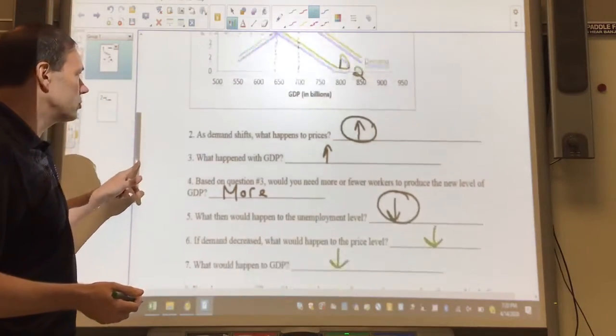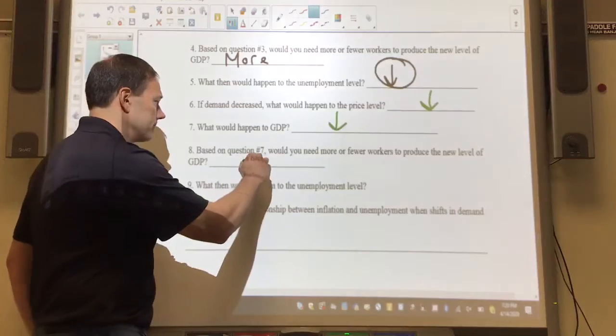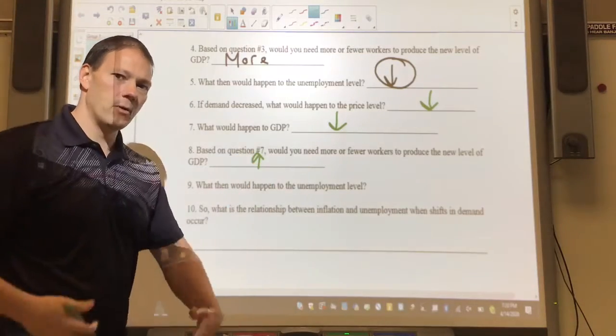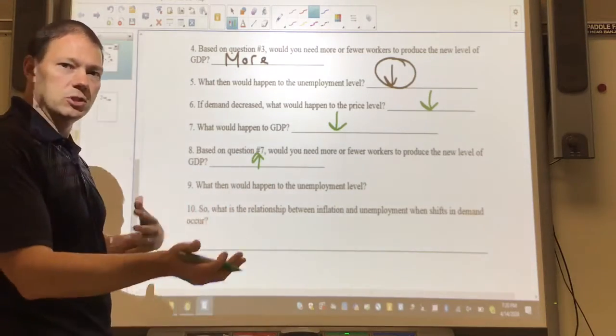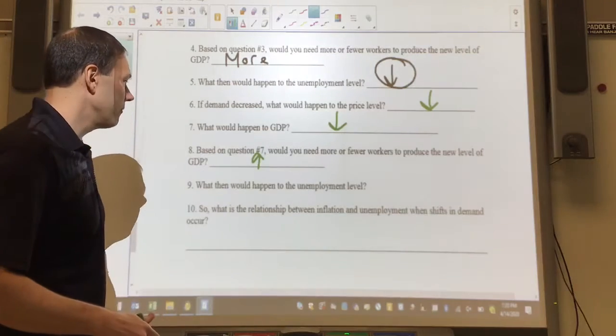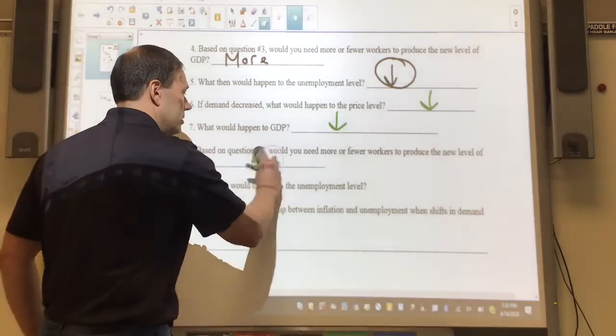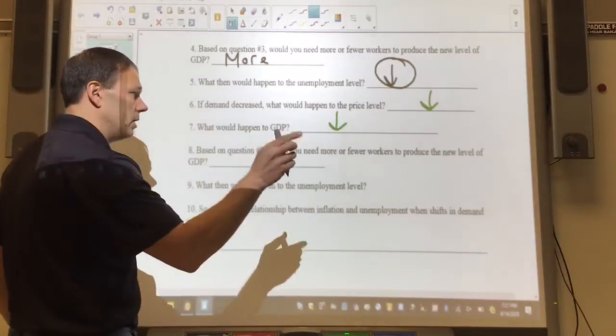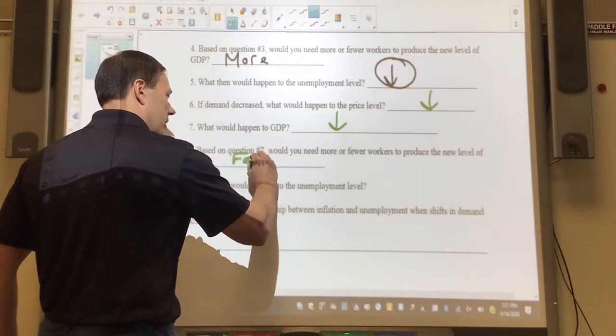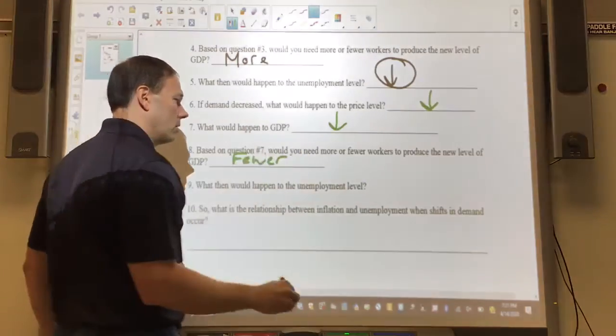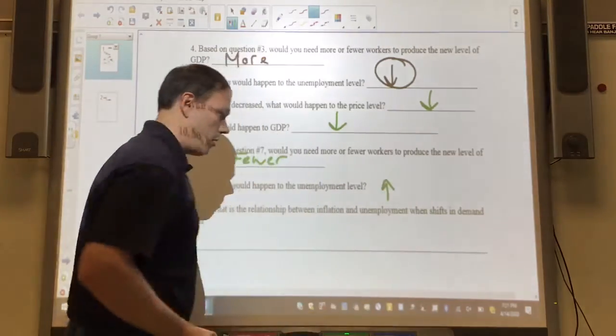So unemployment goes way up because we're making fewer things. Businesses are shutting down or scaling back what they're producing, all that kind of stuff. And so we need fewer, I'm sorry, I messed that up, my bad. We need fewer workers, and that's going to cause unemployment to go up.